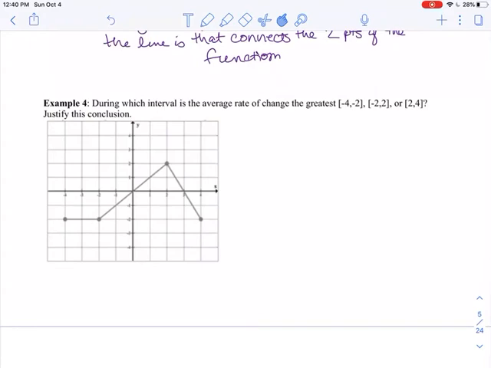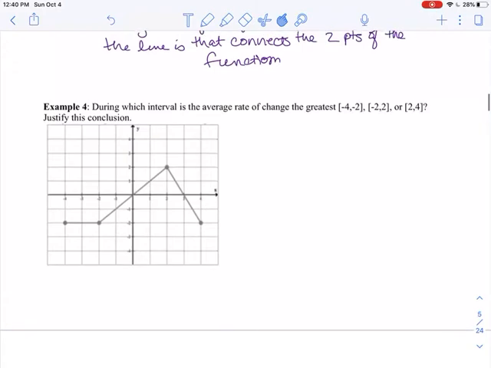Example 4, during which interval is the average rate of change the greatest? Okay, so is it the greatest between -4 and -2, between -2 and 2, or 2 and 4? Well, I would have to figure out what it was between each interval. So if I'm trying to figure it out between -4 and -2, I'm going to find f of -2 minus f of -4 over -2 minus -4.